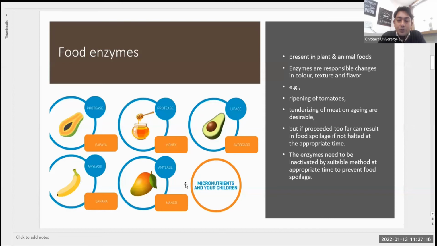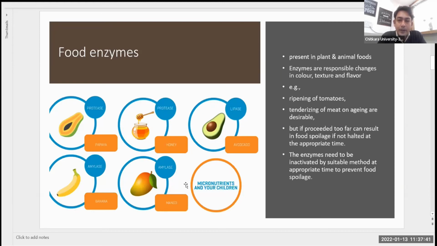Sometimes we require some changes to happen in a particular food product, but if these enzymes are allowed to affect the food product for a longer time, then spoilage happens. The enzymes need to be deactivated by various methods.